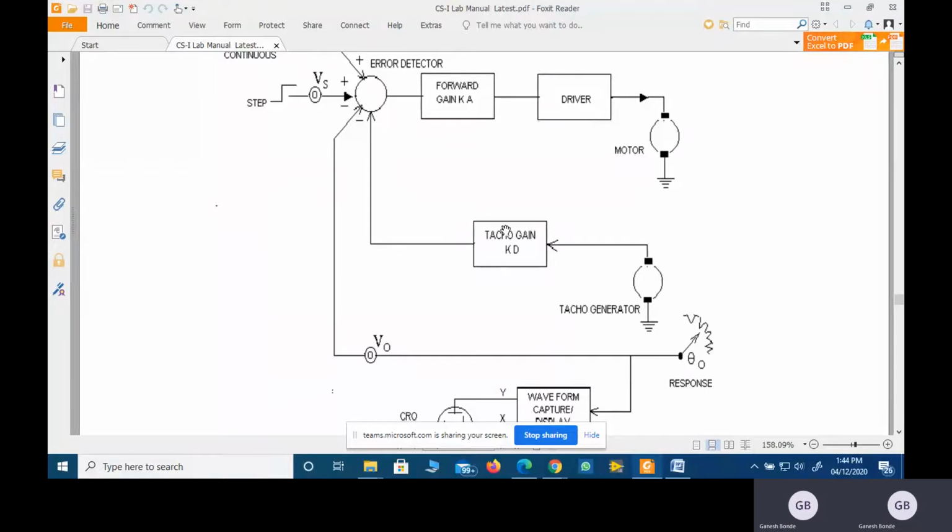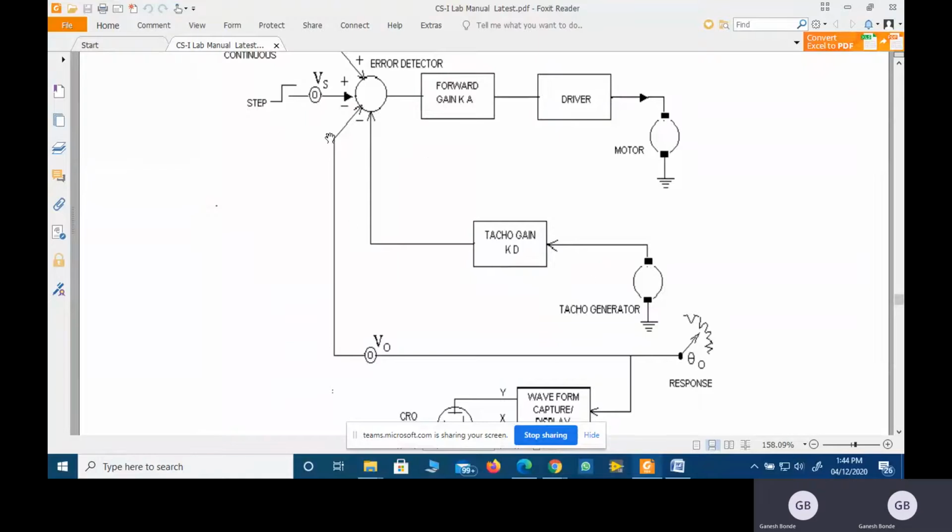Then these are the gains: your motor gain constant, and this is the tacho generator gain constant. And this is one error detector. So this potentiometer can act as an error detector. Here we have used one pair of potentiometers.